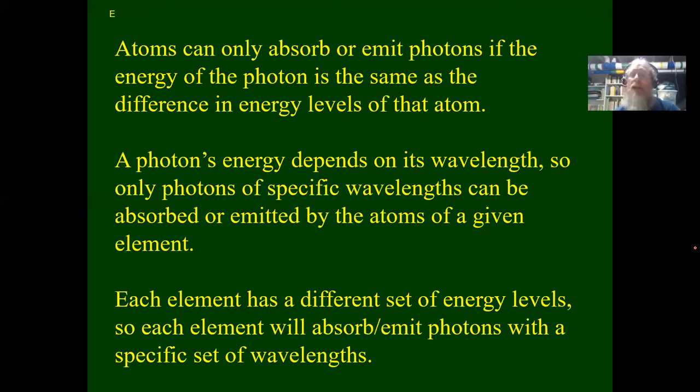And since each element has its own set of energy levels, that means each element has its own specific pattern of wavelengths at which it can absorb or emit photons. I like to describe atoms as obeying Goldilocks rules of physics. Everything has to be just right. The mama bear and papa bear photons will not be absorbed or emitted, but only the baby bear photons that are just right.